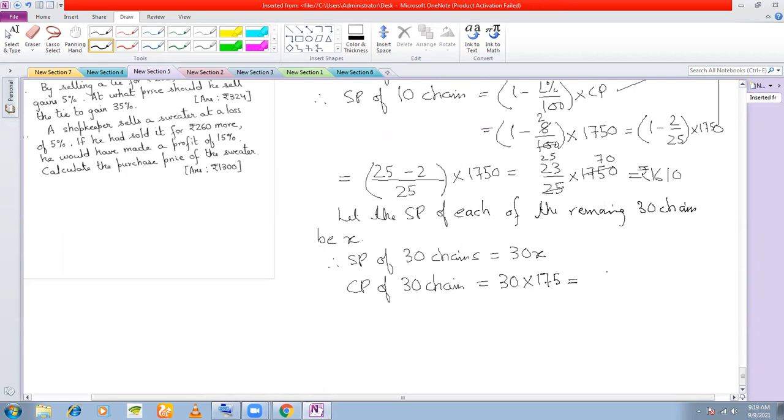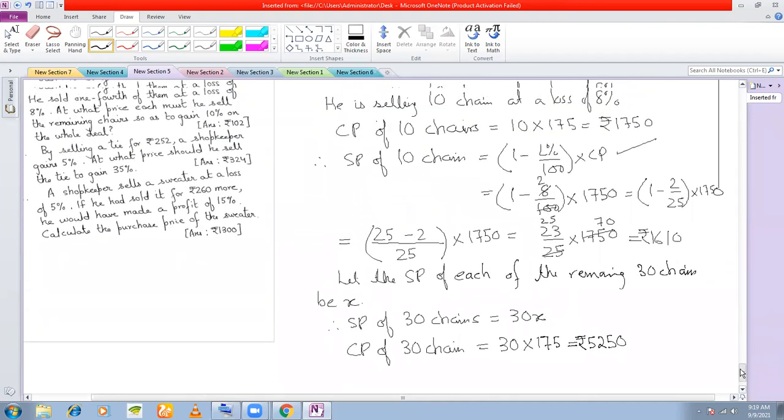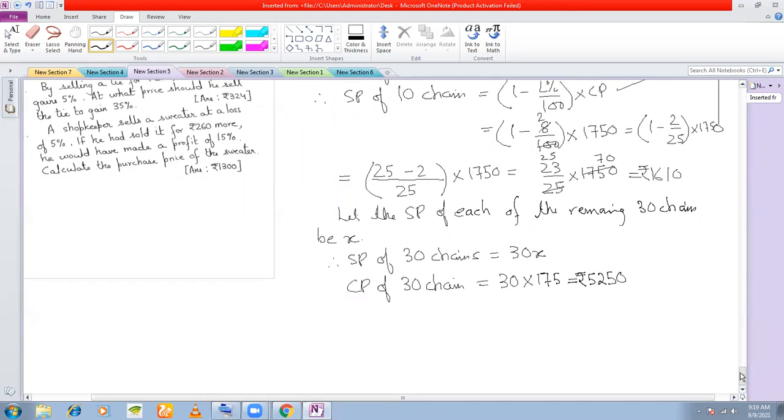Okay, so you will get here 5,250. This is the cost price of 30 shares. Now, how much does he want to gain? You want to gain 10% on the whole deal, right? So what should be his total selling price?